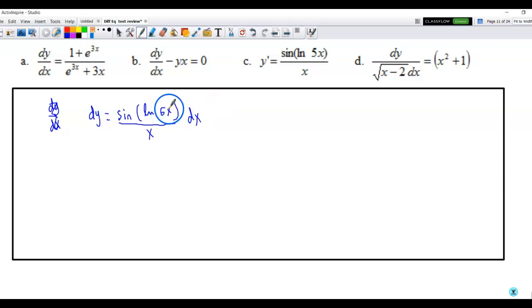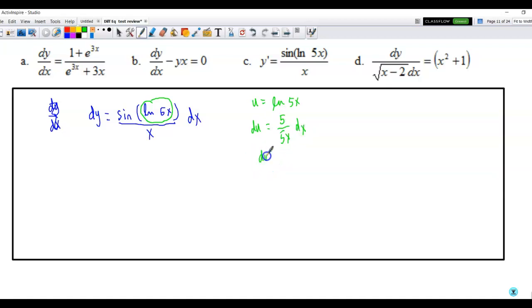I can see that I have an inside function right here. Ln of 5x is inside of sine. So I'm going to try letting u equal to ln 5x. The derivative of ln is u prime, which is 5 over u dx.